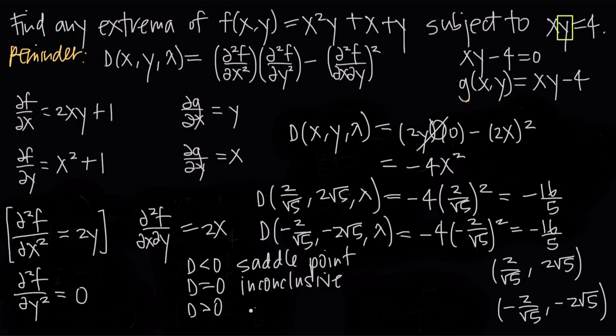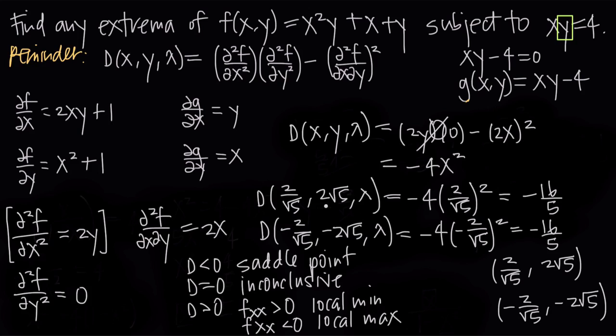So if D is greater than 0 and the second order partial derivative of f with respect to x, so we'll say f sub xx, if that is also greater than 0, then the critical point represents a local minimum. If D is greater than 0 and the second order partial derivative of f with respect to x is less than 0, then the critical point represents a local maximum.